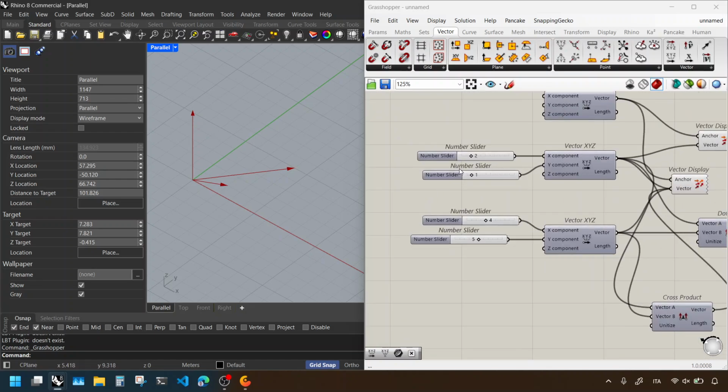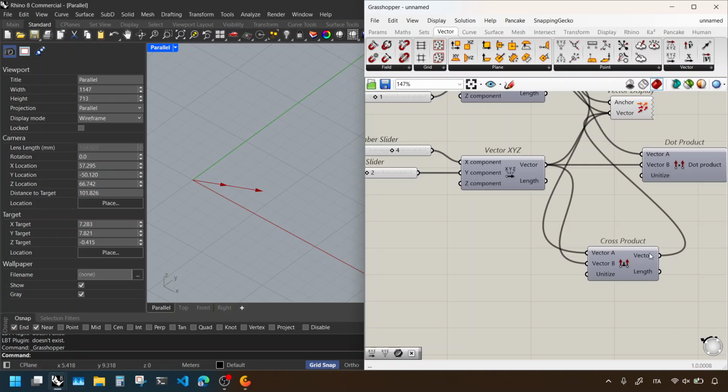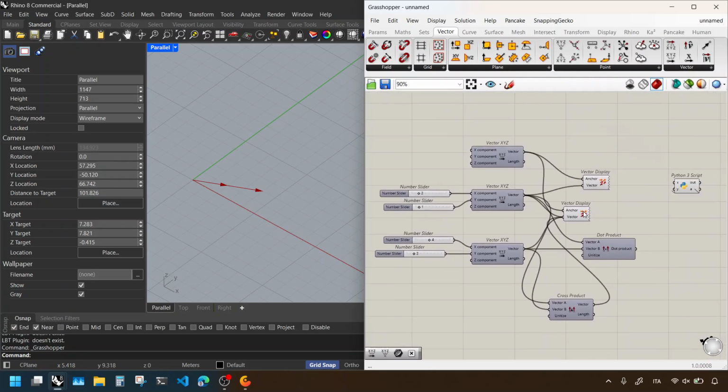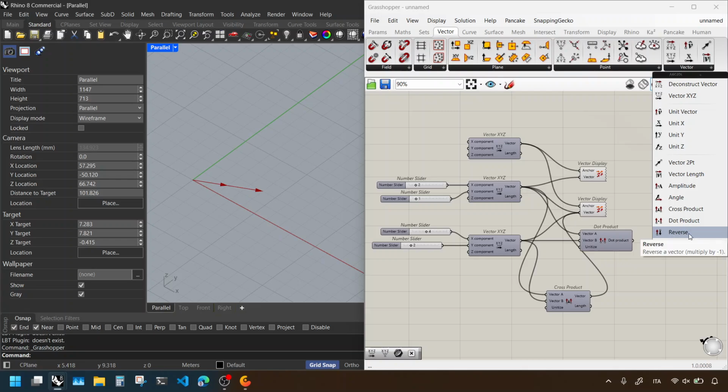And of course, if two vectors are parallel, so let's do maybe 2, 1 and 4, 2, which is the same vector but with double the length, then the length of the cross product vector would be 0. That's what the cross product is used for, computing if two vectors are parallel to each other. So we have perpendicular with the dot product and parallel with the cross product.